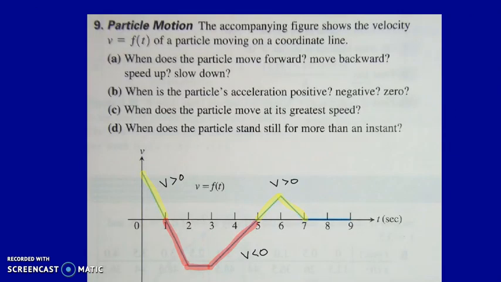Now, I still need to talk about speed. When does the particle speed up and slow down? But before I can explain that, I need to bring up some points. So I'm going to give you some notes to jot down.